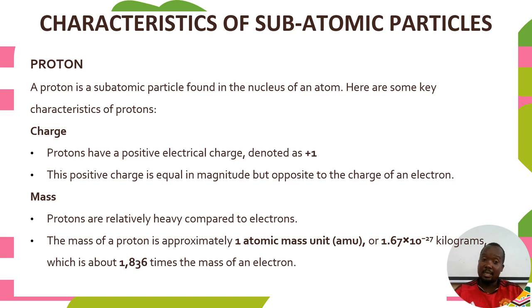So you can see that when compared to an electron, a proton is indeed heavy. That is 1,836 times the mass of an electron.